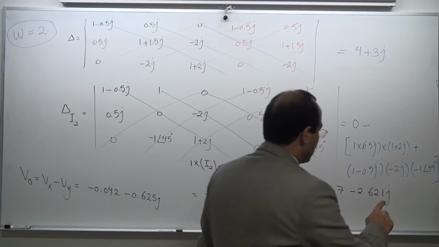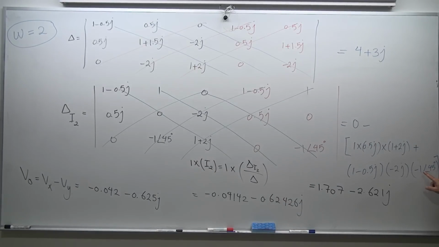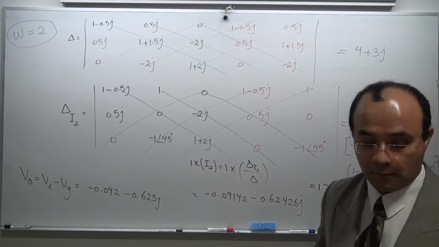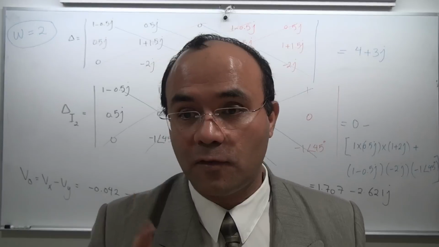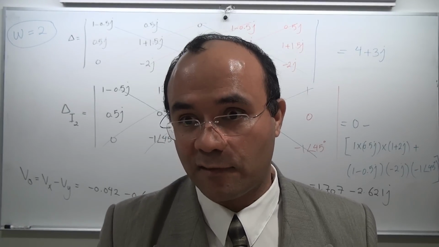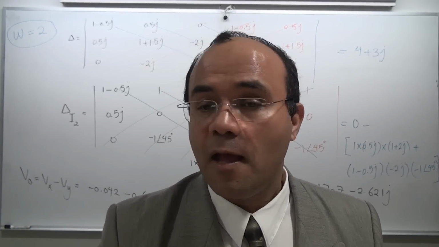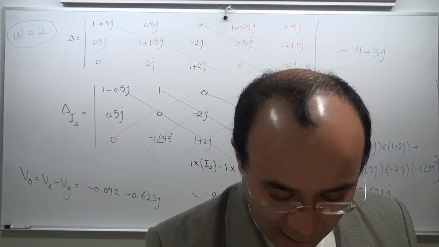Now, what happened when I did it the first time, the calculator does not accept a negative polar value. So when you want to say minus 1 angle 45, you should say 0 minus 1 angle 45. Minus 1 angle 45 doesn't seem to get you the answer, right? It may work on yours. But just in case, if it does work on your calculator, just make sure.